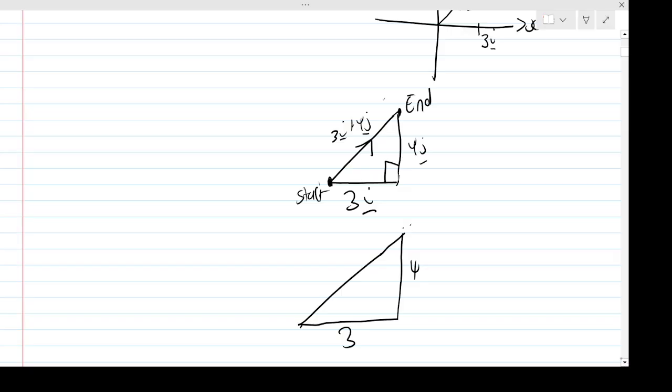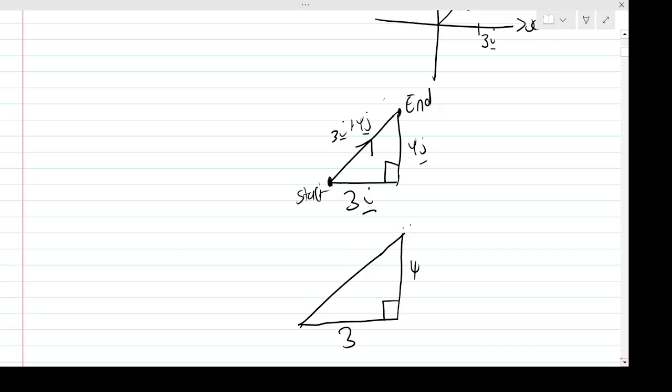So we get this triangle where you go 3 along and 4 up. The length of the vector is the length of the line, which is the length of the hypotenuse of this triangle. But we can calculate that, can't we?